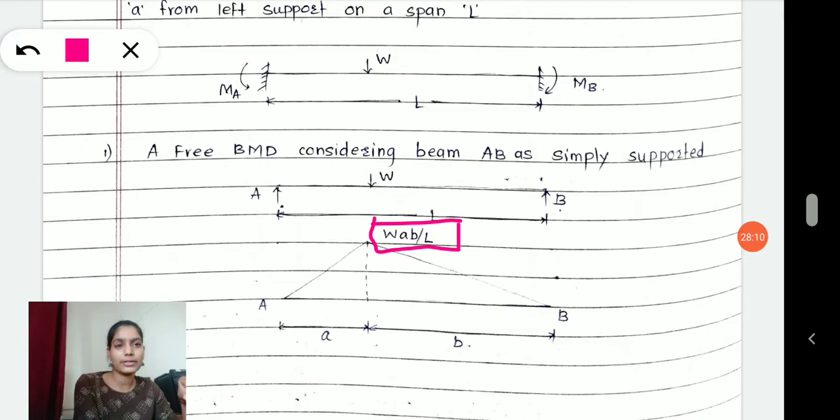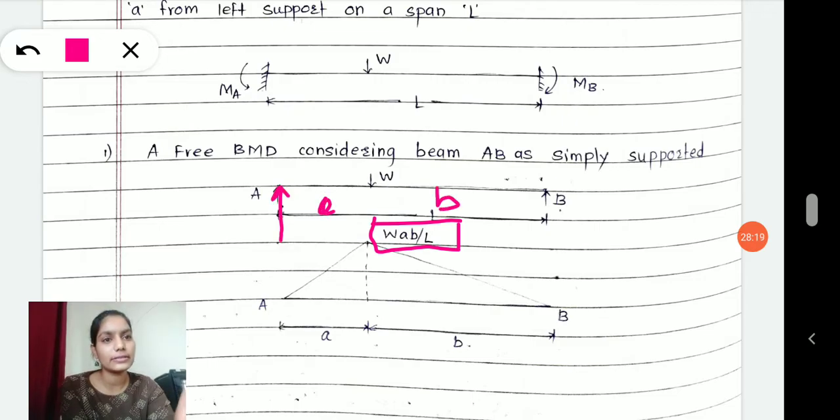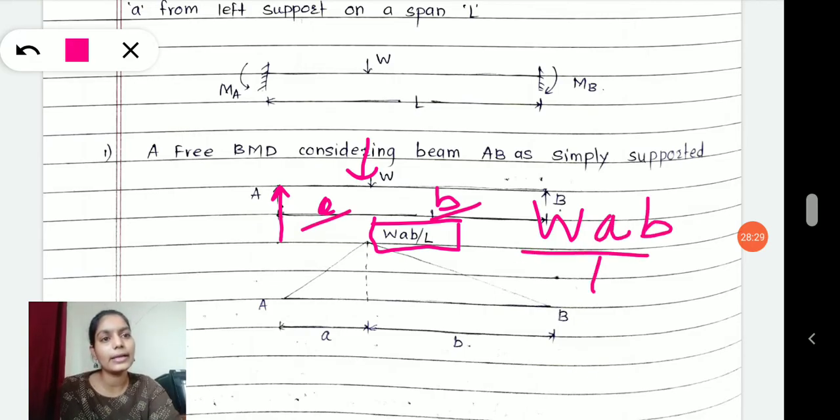You must be thinking that deep analysis is required and I am doing so much calculation. So see, a simple trick for it. This is the force, this is the A distance, this is the B distance, right? So the moment in this case will be the concentrated load W into A into B divided by L. Simple.